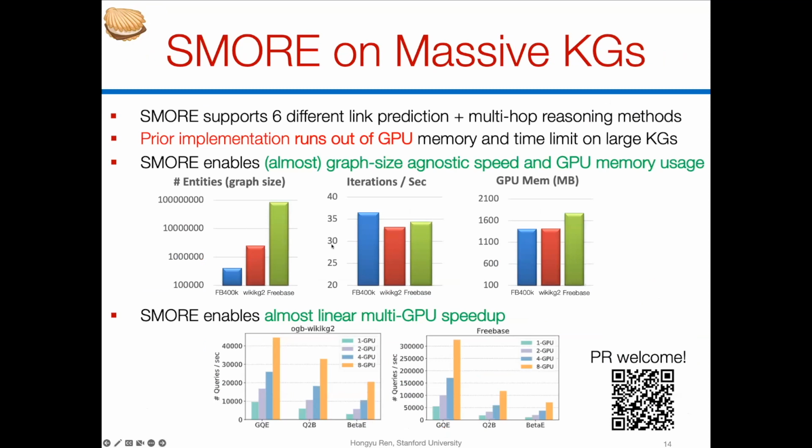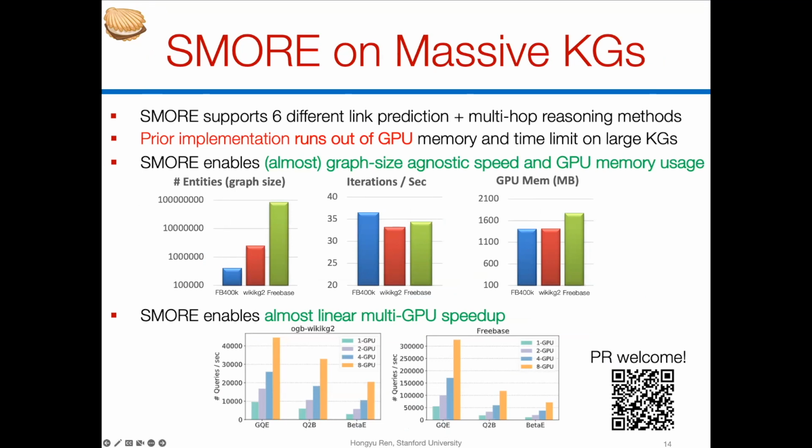And overall, our framework Smore supports 6 different knowledge graph link prediction and multi-hop reasoning methods, where while prior implementation runs out of GPU memory and time limit on performing this type of neural reasoning task over large knowledge bases, our Smore framework achieves almost graph size agnostic speed and GPU memory usage, right?